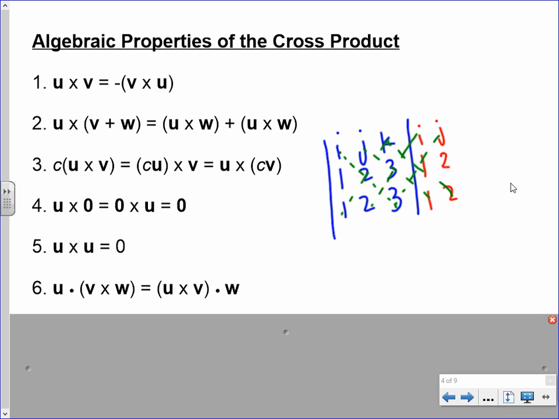Okay. So what's true about your thumb compared to your hand and your arm when you do the right hand rule? What kind of angle is it at? It's perpendicular. Okay, so your thumb is the cross product.